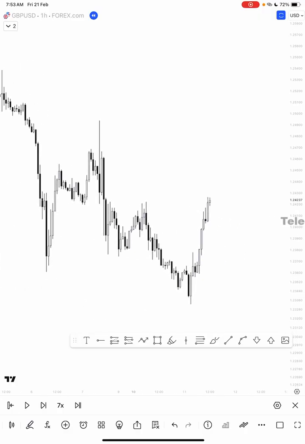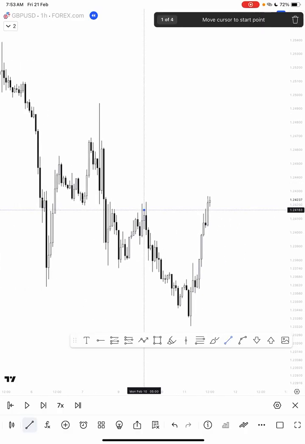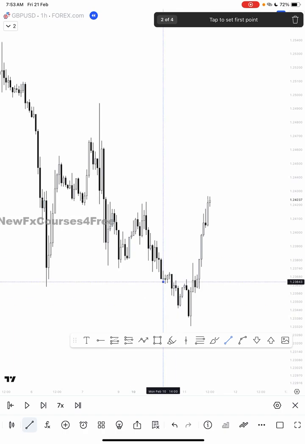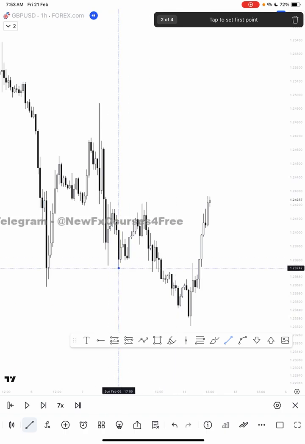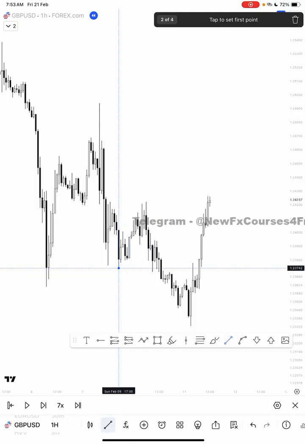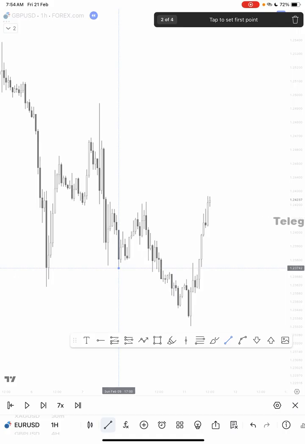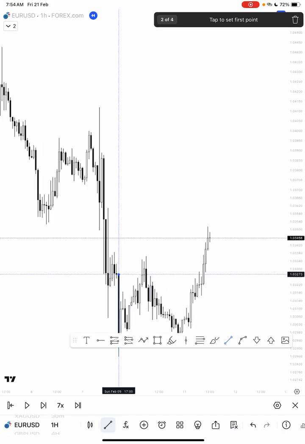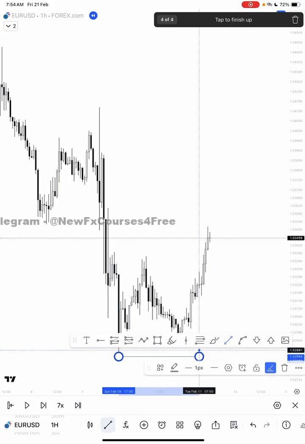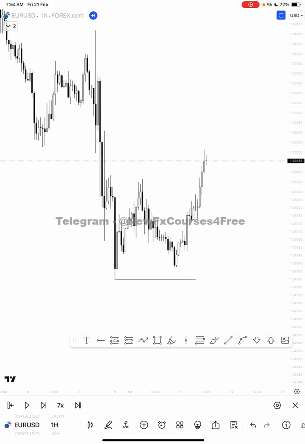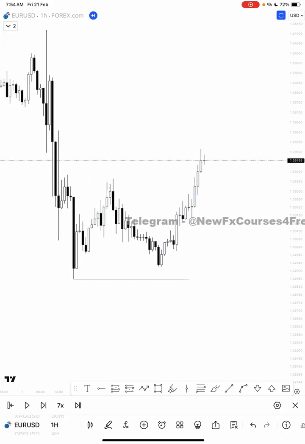GBP/USD actually swept this low over here, and EUR/USD did not actually sweep this low. Let me just go to EUR/USD price action. So yeah, this is the low.